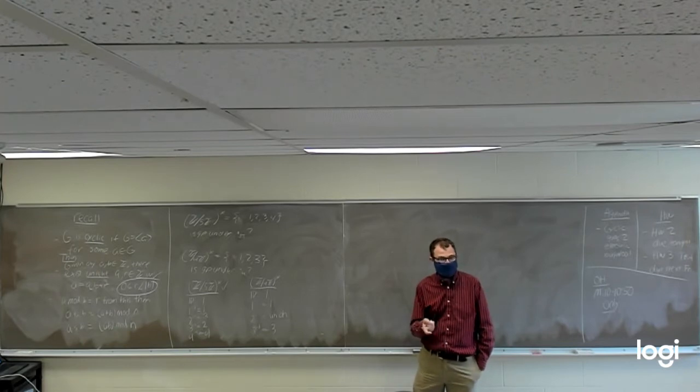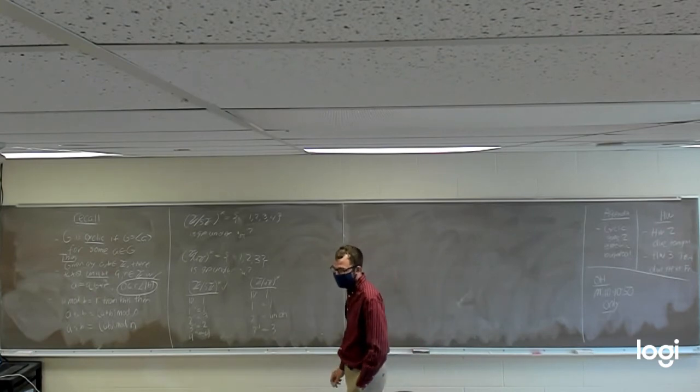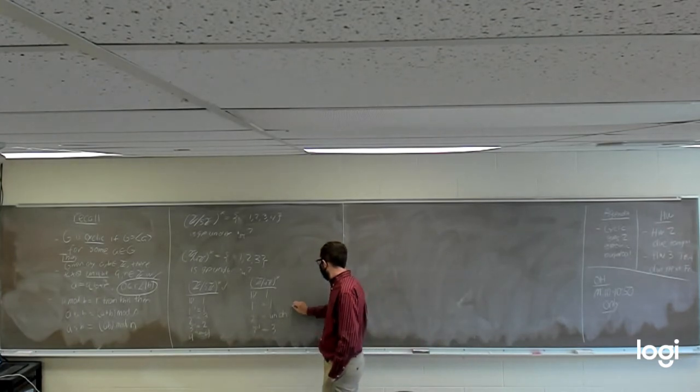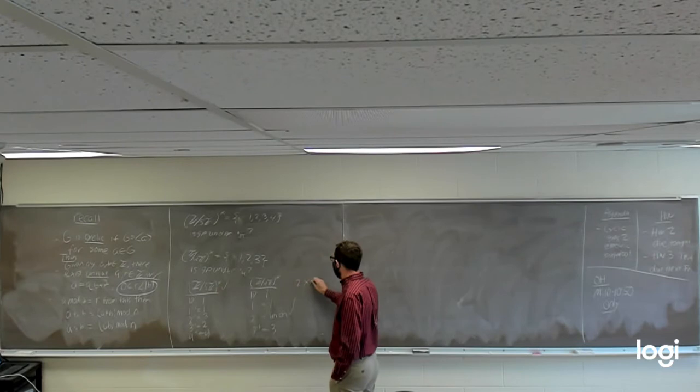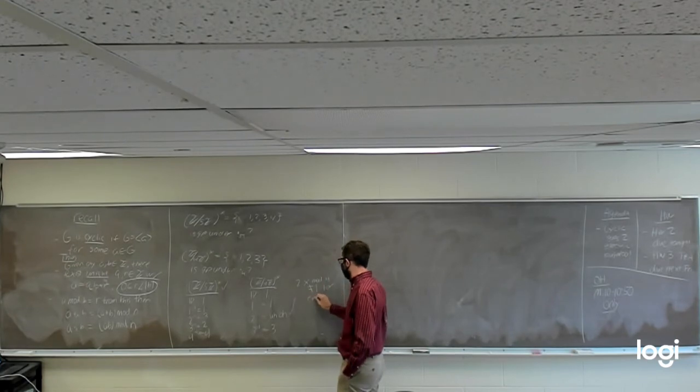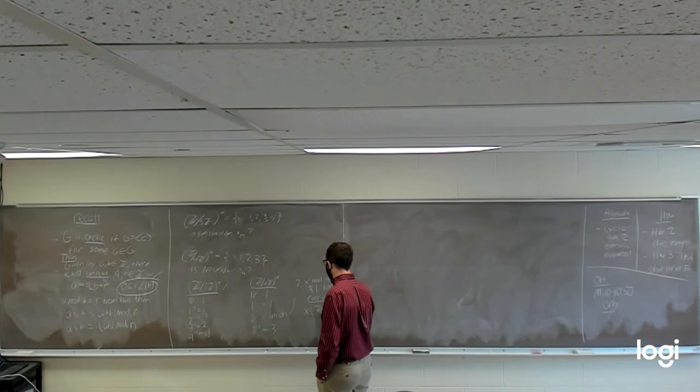I lied to you that they both have closure; the second one does not. So 2 times x mod 4 is not going to be equal to 1 for any element x in Z mod 4Z star. So 2 has no inverse.